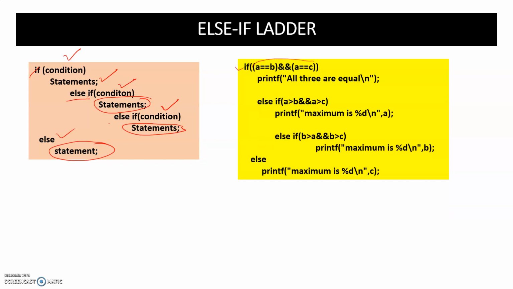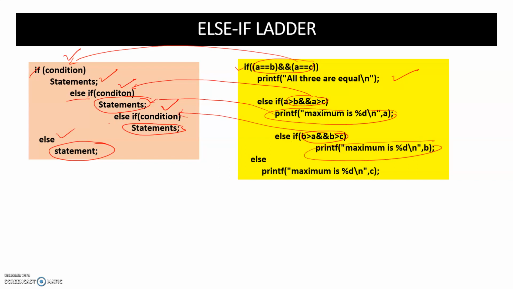If condition, that is this. If this is true, then execute this. Else if, that is this part, if this is true, then execute this statement part. Else if this is true, that is this part, then execute this statement. If nothing is true, this is not true, then it means false.